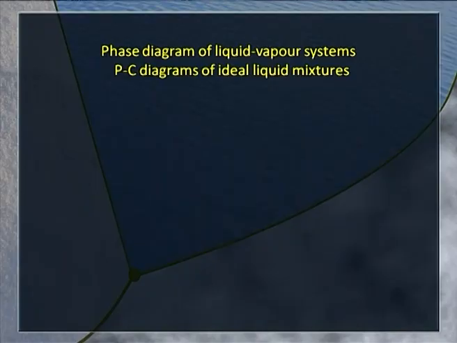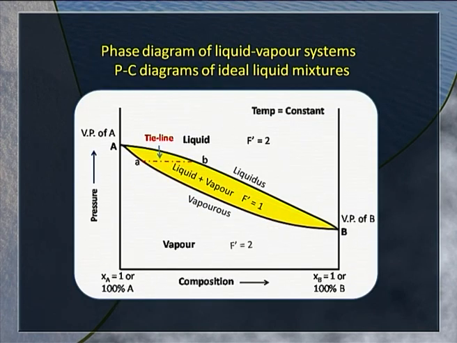It's time for us to look at the phase diagrams of liquid vapor systems, where we take the pressure versus composition for our discussion. This is the phase diagram where we have plotted the pressure versus composition. You can see the vapor pressure of pure A here marked by point A, vapor pressure of pure B is given by point B, and we have the curves marked vaporous and liquidous, and we know how these names come.